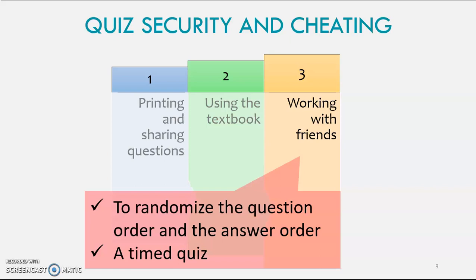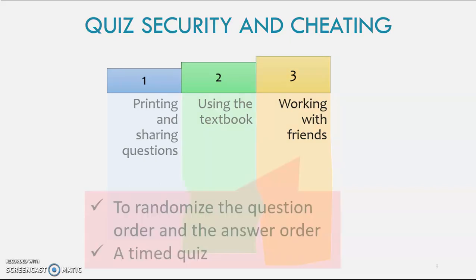If one student's screen doesn't look like others, then it's harder for them to quickly answer all of the questions. A timed quiz also makes it harder for two of them to cheat if they have different questions and they only have a short amount of time to answer.